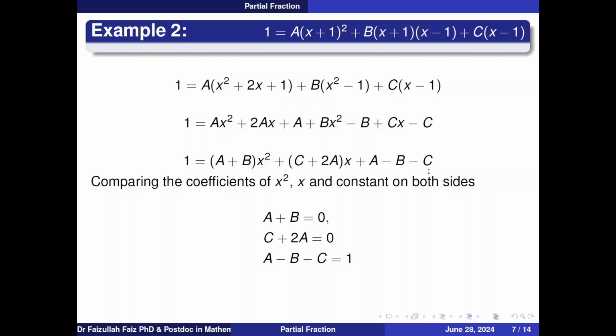These are constants on the right hand side, and on the left hand side the constant is 1. From equation number 1, we can write b is equal to minus a because we already have the value of a, which is 1/4. So we get the value of b, which is equal to minus 1/4.